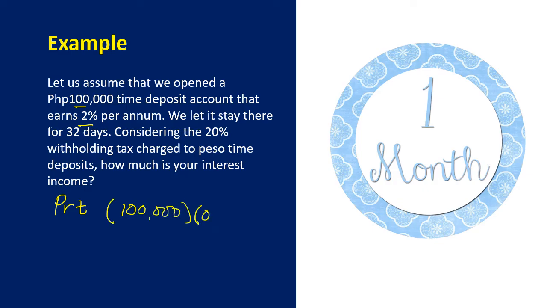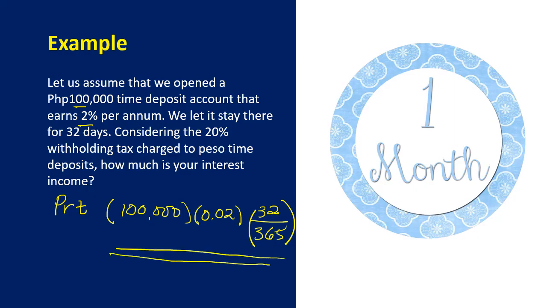You have 100,000, your rate is 2%, and then your time is 32 over 365. Okay? But take note that this is the interest before tax. Remember that you still have 20% withholding tax.